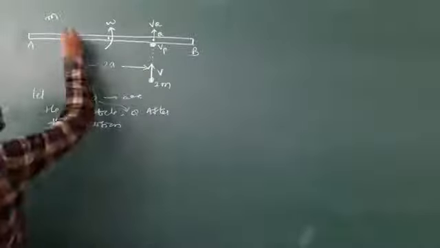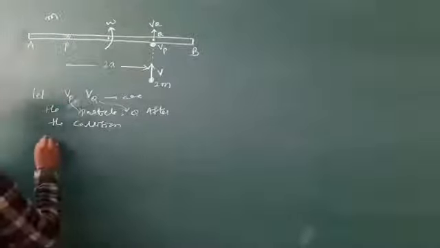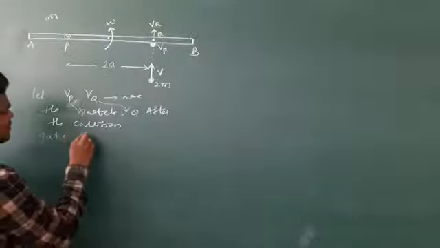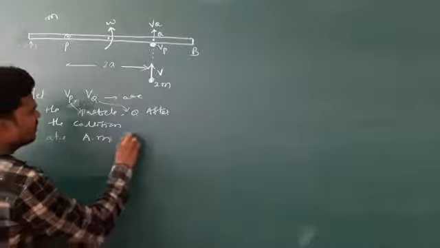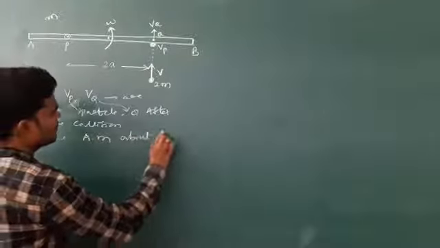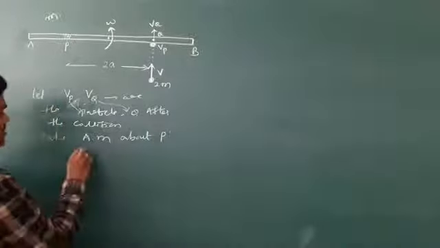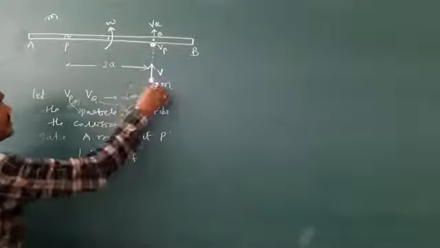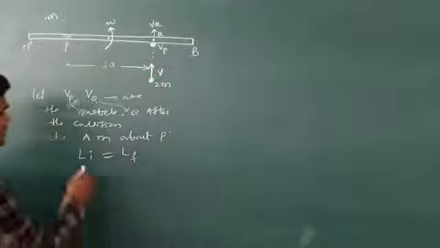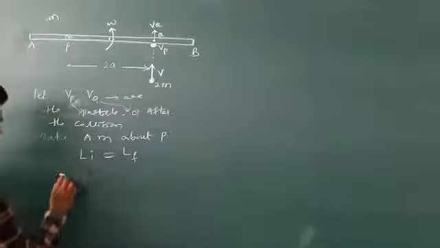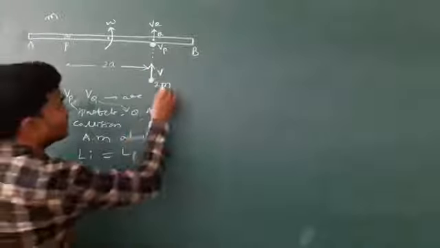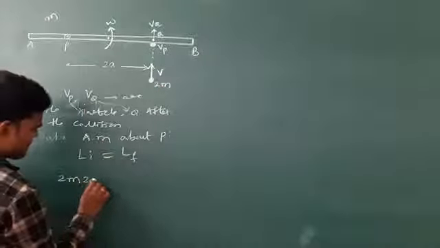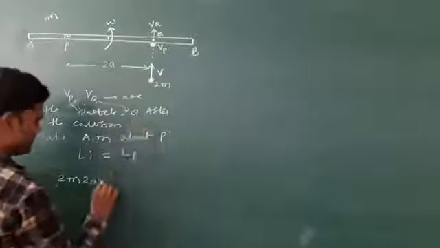Now let me take angular momentum about this point P. So initial angular momentum is balanced by final angular momentum. Initially, before the collision, the particle is 2m, at a distance of 2a with a speed v.